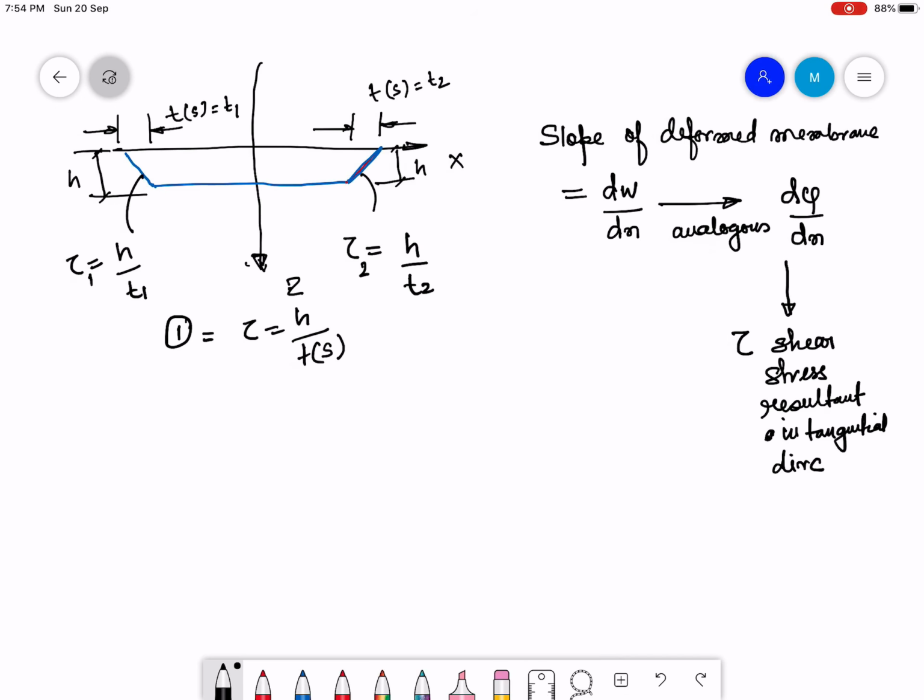The second thing that we get because of this approximation is that shear stress can be assumed to be constant in the thickness direction.